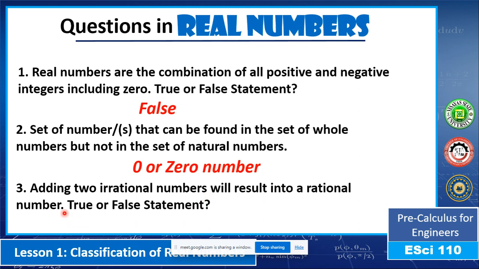Next, last, if you are going to add two irrational numbers, do you think the result is a rational number? Is it true or false? In most cases or in some cases?